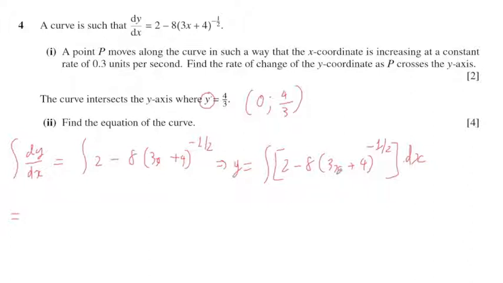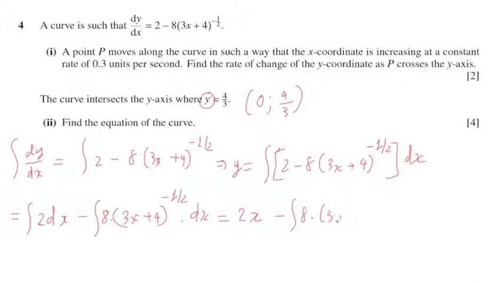I will separate the two terms inside the brackets into two integrals. The first one is 2, and the second one is x times (3x plus 4) to the power of minus 1.5, dx.